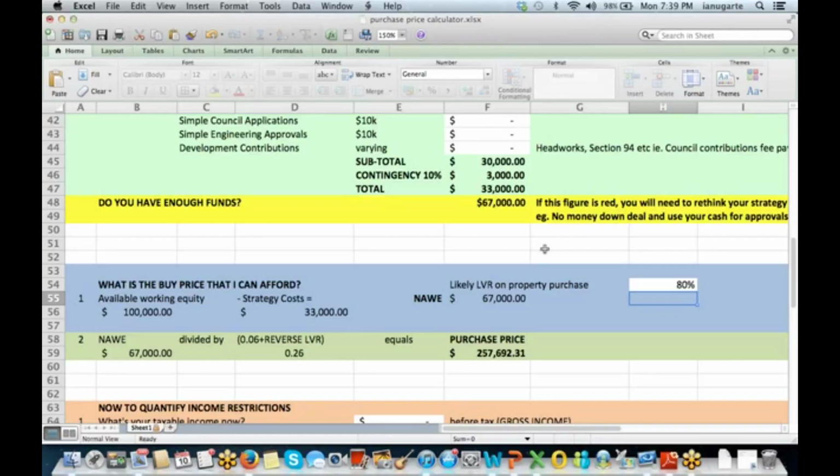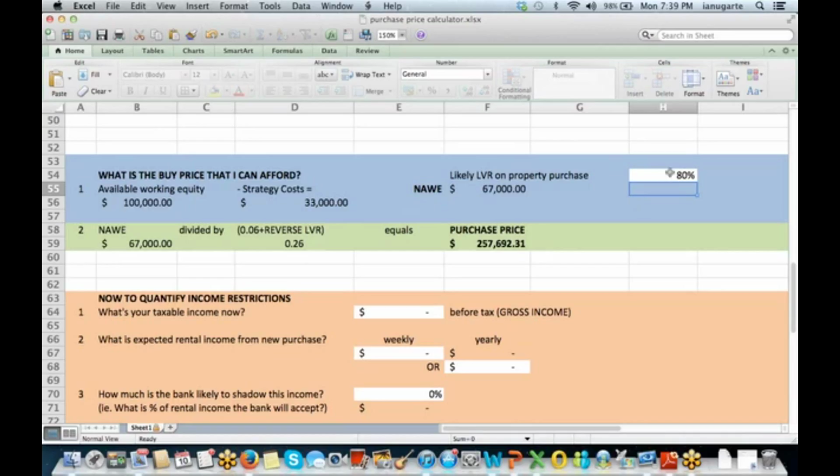Okay, so now we've got that there, right? That was at 80%. So we can only estimate what our likely loan to value ratio is going to be. You won't really know until you sit down with the strategists and brokers of investor loans, and they will be able to tell you.